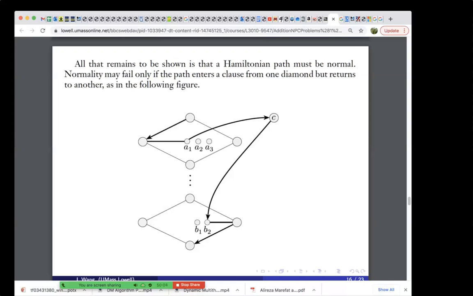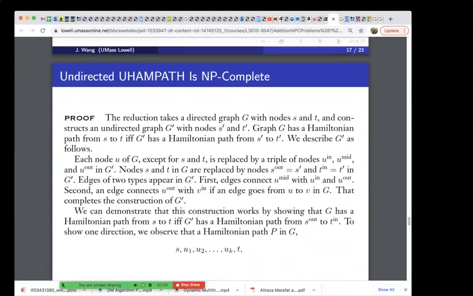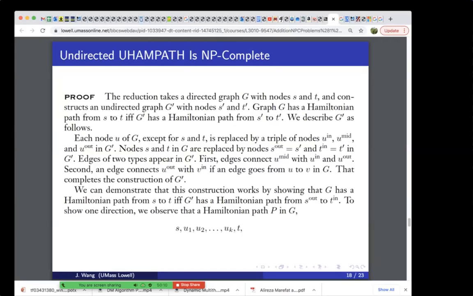So next we're going to see another NP complete problem. This is called undirected Hamiltonian path. Basically, what we do is get rid of this direction. So then obviously we are going to reduce Hamilton path to U Hamilton path.